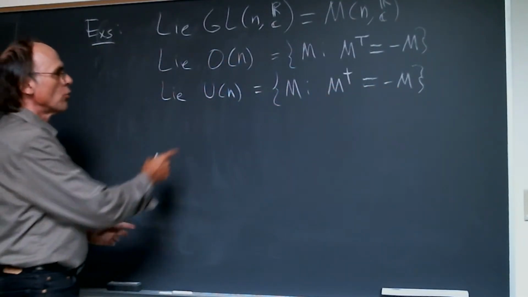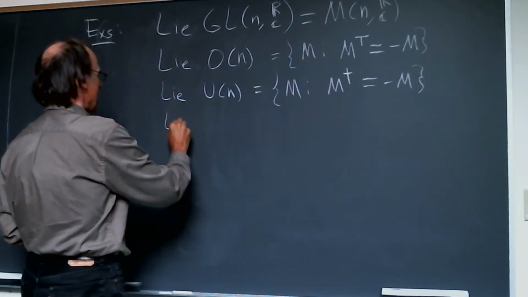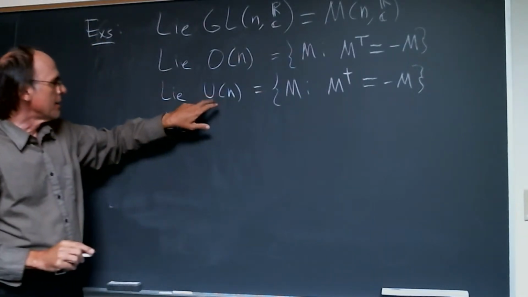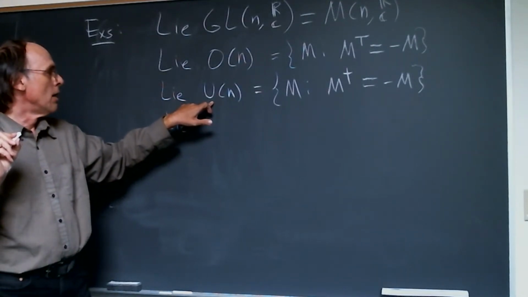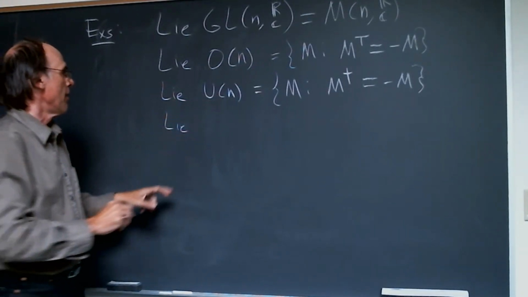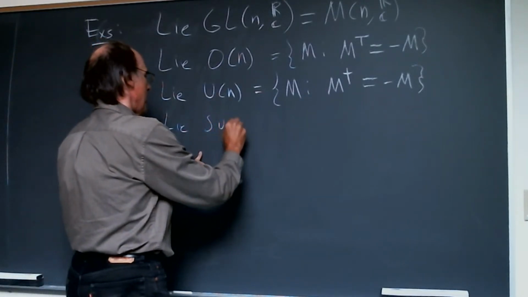And one last thing, I don't know if I said this last time: the subgroup of these that has determinant 1 is SU(n).